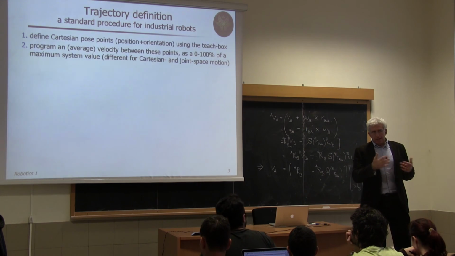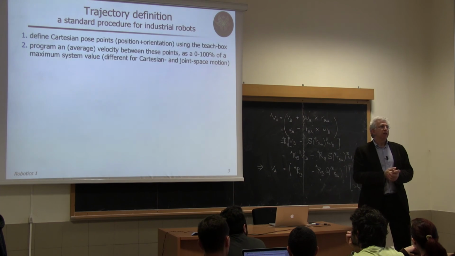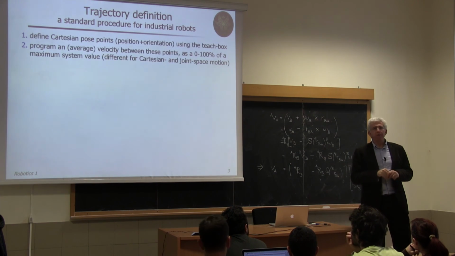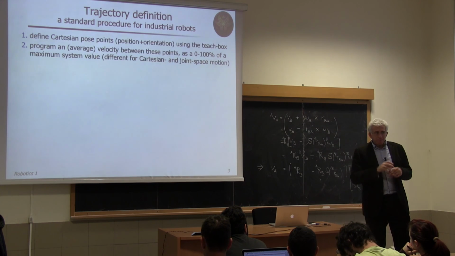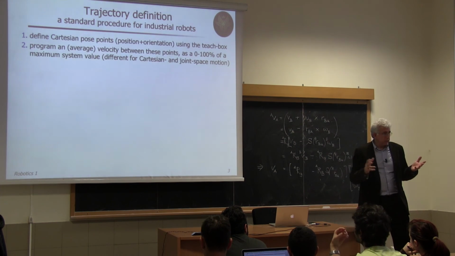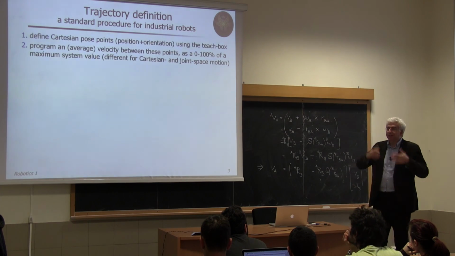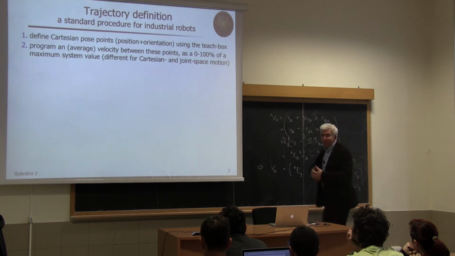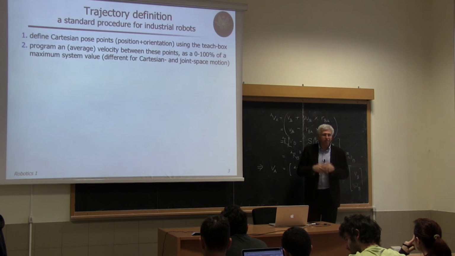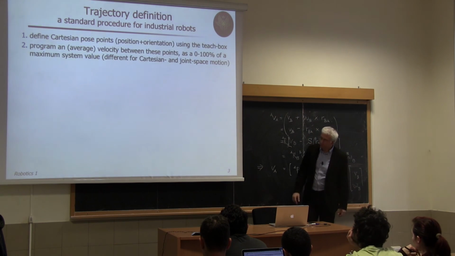Typically an end user, who does not interact with the details of the trajectory planner of the robot controller, just gives a percentage of the maximum, so that he doesn't make a mistake writing 1,000 meters per second and then something strange happens. Okay?